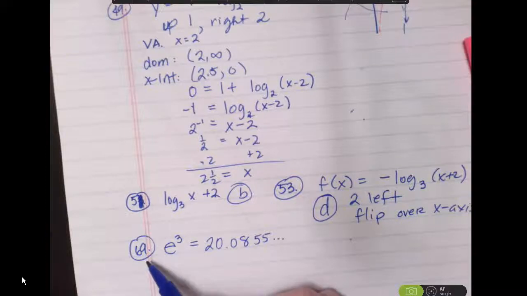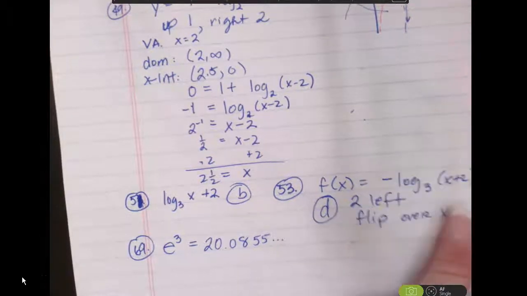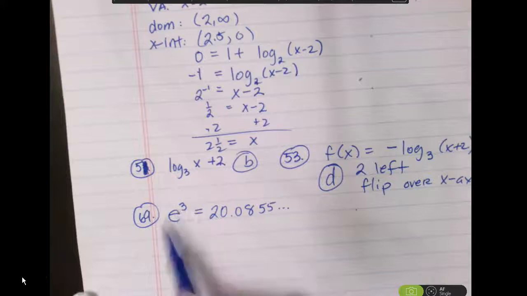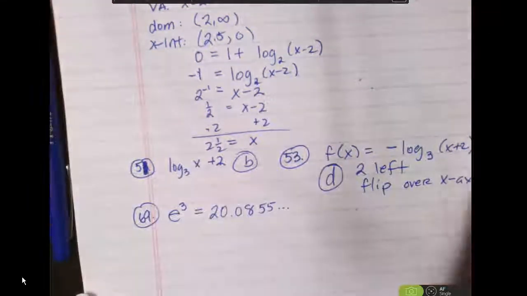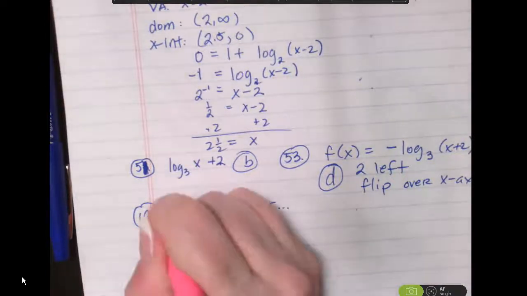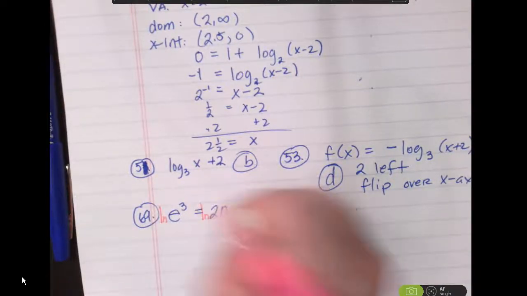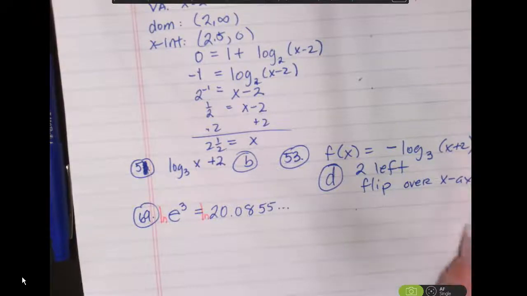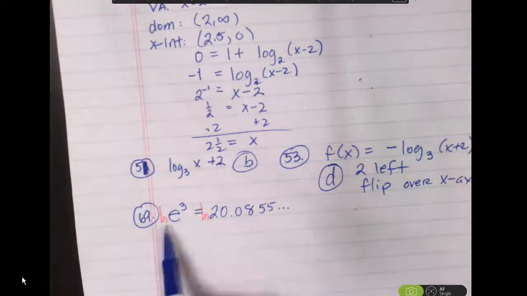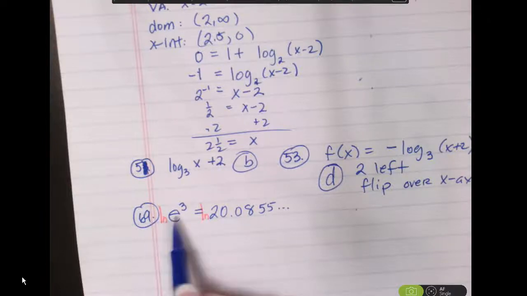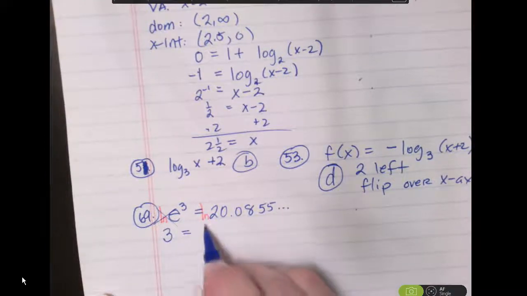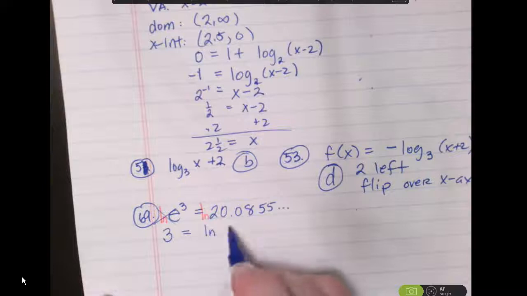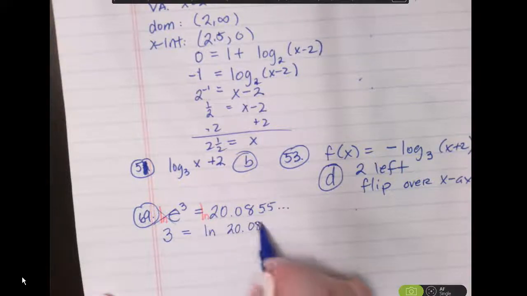The way I think about these, and hopefully I will do a good job of going over this in class, is that anytime I want to get rid of an e, I take the natural log of both sides. So there's where I wrote in my natural log. And the natural log and e cancel each other out. So on this side, I get 3 equals the natural log of 20.0855.